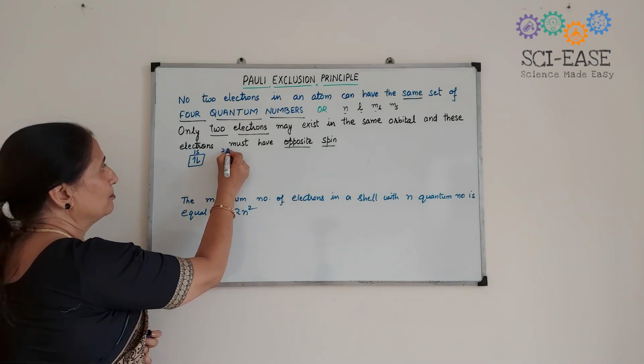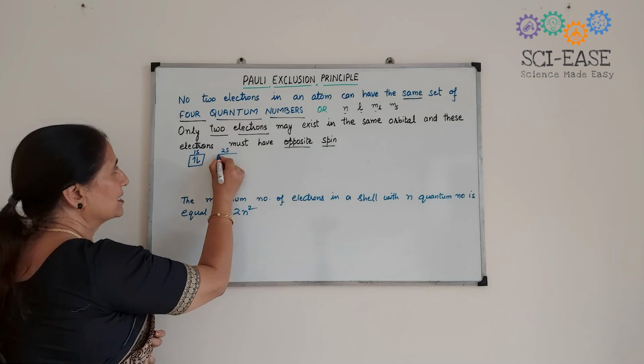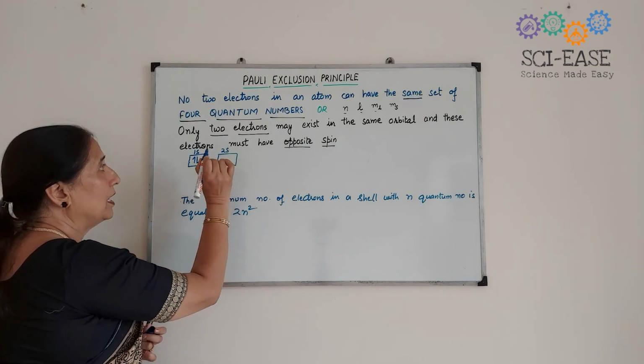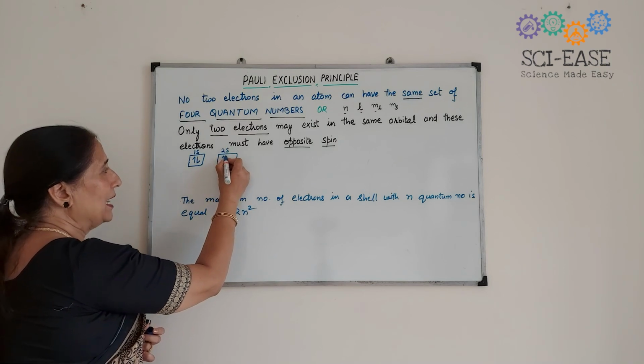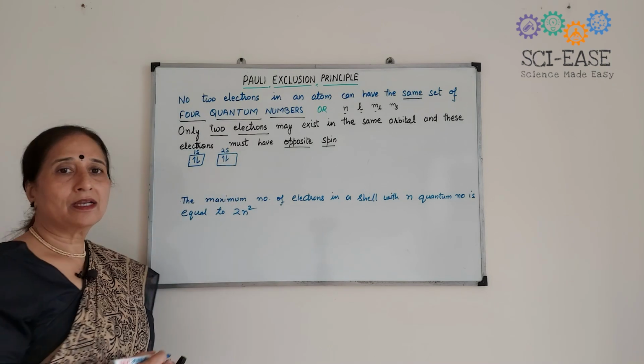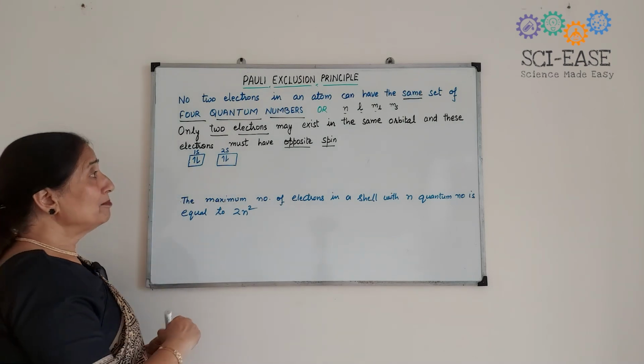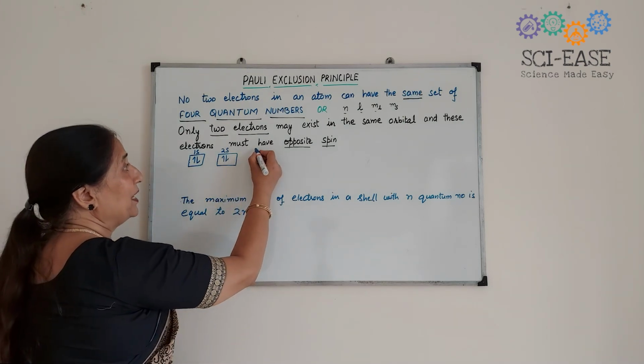Now come to 2s. This subshell again has one orbital, and again a maximum of 2 electrons.